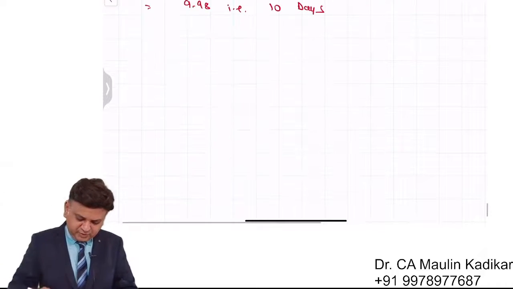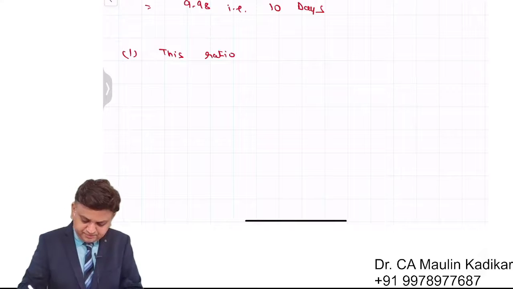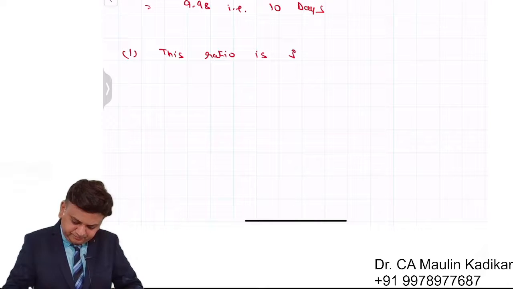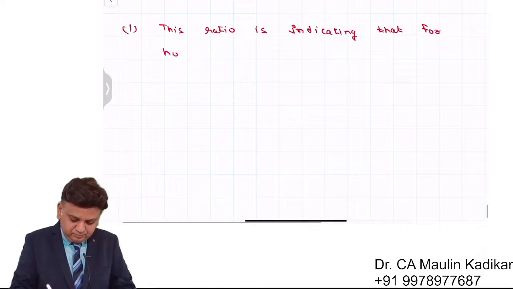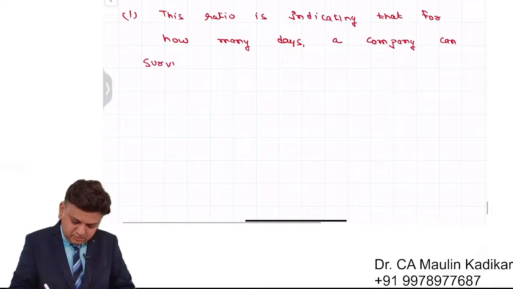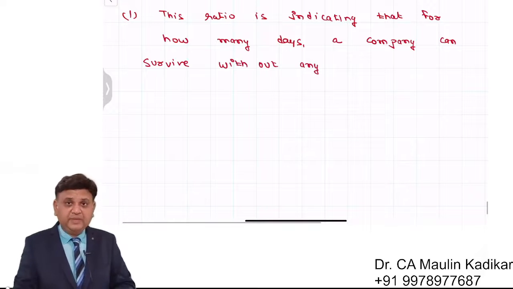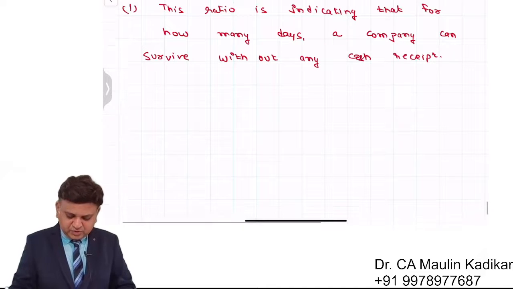Now write down a note for this first point. This ratio is indicating that for how many days, comma, a company can survive without any cash received. Full stop.